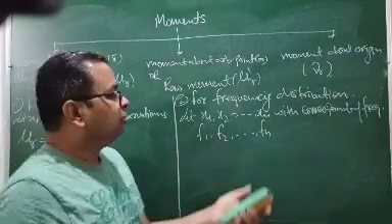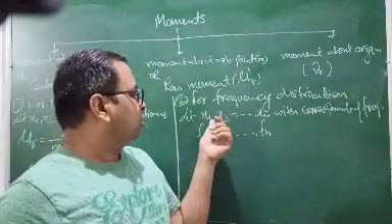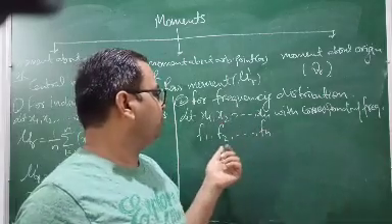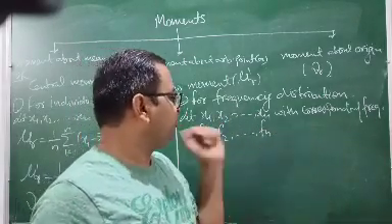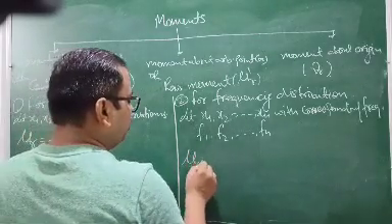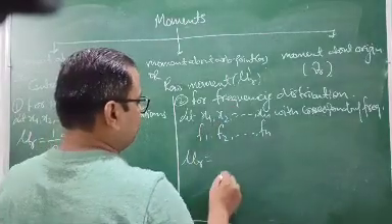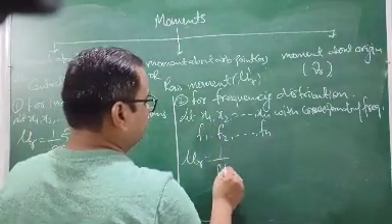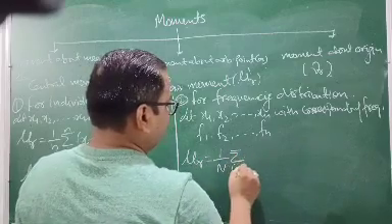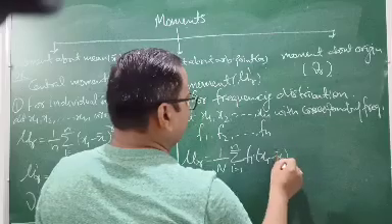Now, if it is a frequency distribution, it means there are a number of observations with corresponding frequencies f1, f2 up to fn. So the formula of mu r, the rth central moment for the frequency distribution, is defined as 1 upon capital N into summation i varies from 1 to n of fi into (xi minus x bar) to the power r.